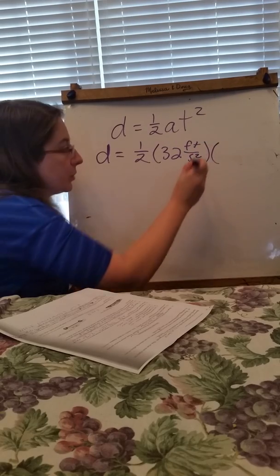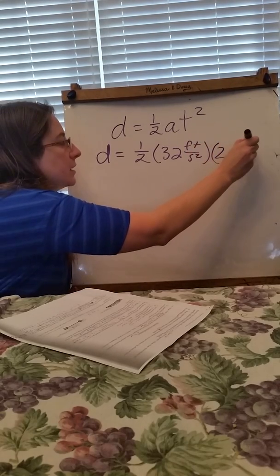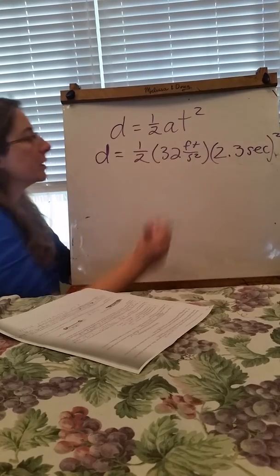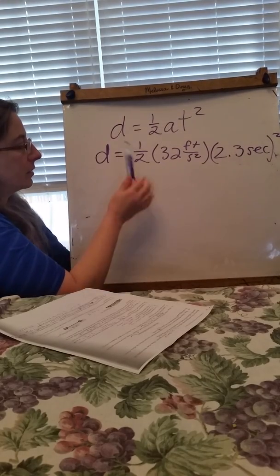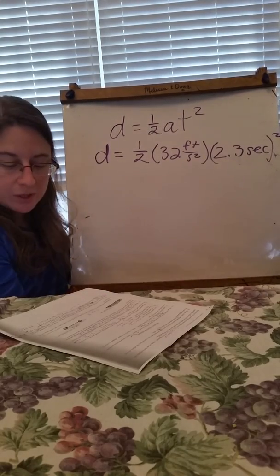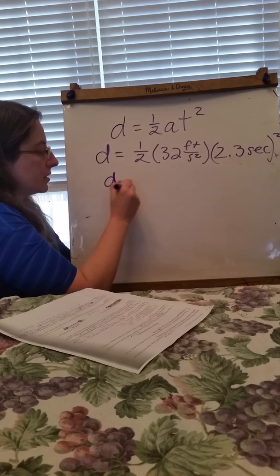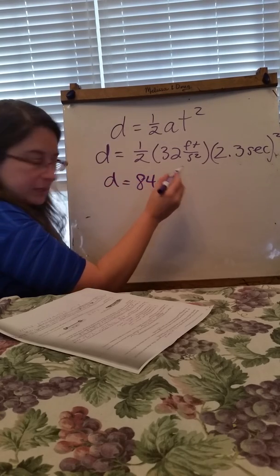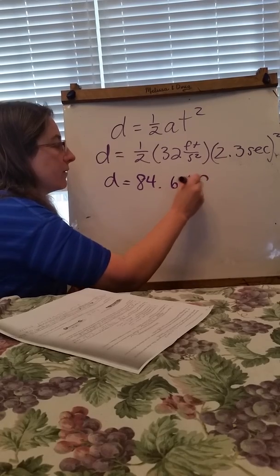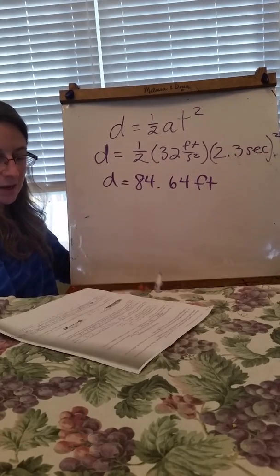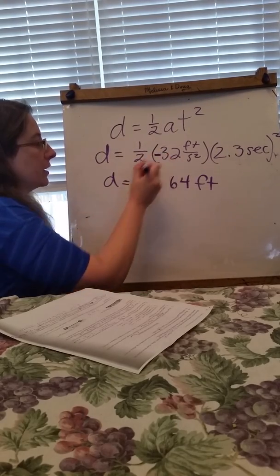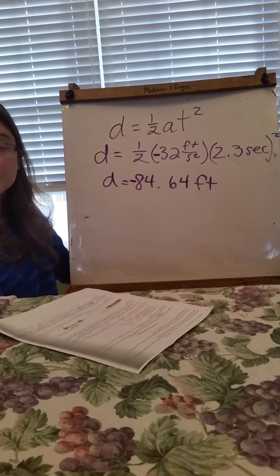Time was 2.3 seconds, that quantity squared as well. So multiply 0.5 times 32 times 2.3 times 2.3, and you find distance to be 84.64 feet. You can say down, up. We could have made this negative, so we ended up showing direction.